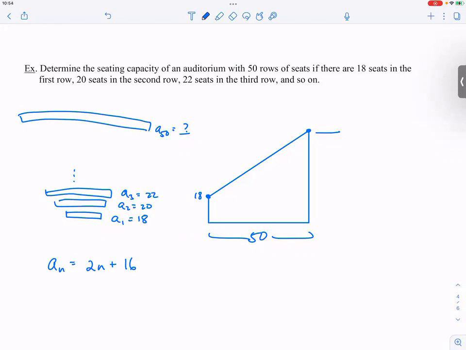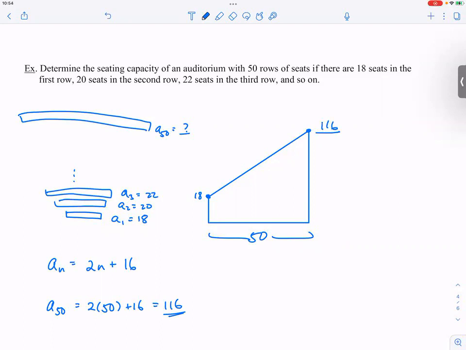So the nth term notation is 2n plus 16. And again, you always check if the notation is accurate, and you use the first term to check it. And then you go ahead and find out what's the 50th term. That should be very easy. That will be 116 seats right there.